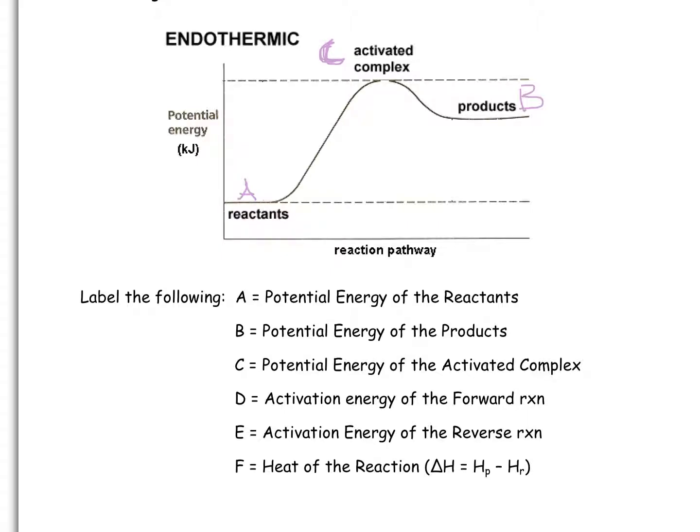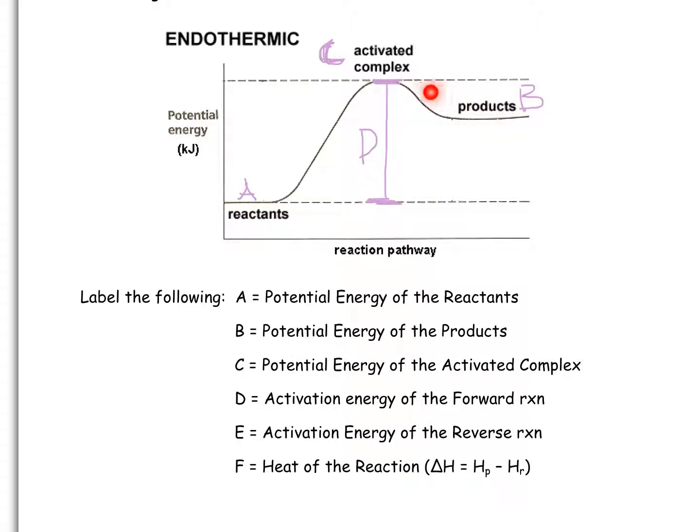D, the activation energy of the forward reaction. So from where you started, how much energy was added? I started down at this line, and I went all the way up to this line. So the difference here is my activation energy of my forward reaction, so D. My activation energy of the reverse reaction.